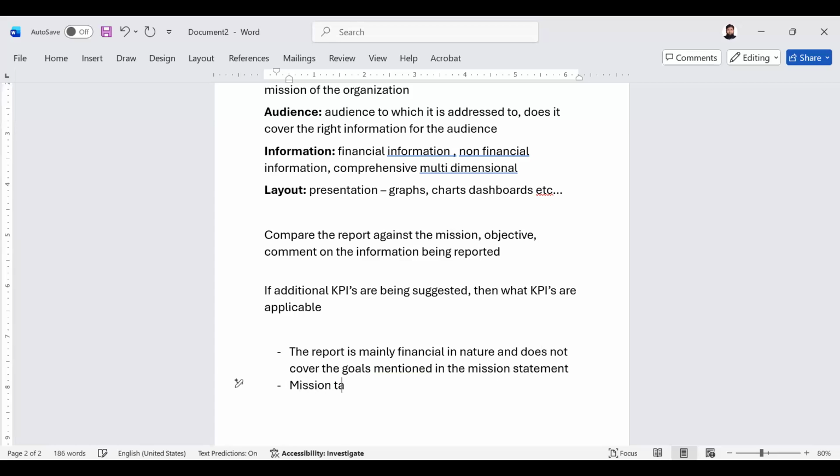The mission talks about it being the budget hotel, providing quality to the customers. Plus, what else is there?